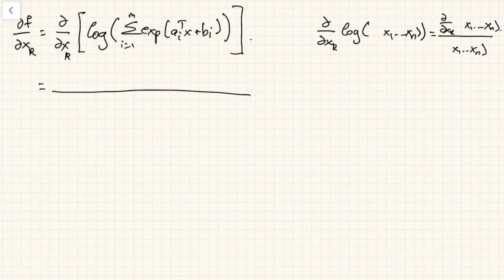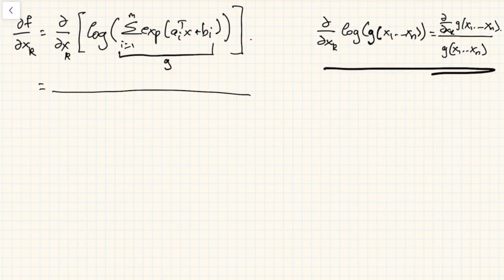and call it g instead, just because f is reserved for the log sum of exponentials, so I don't want to define two f's. My g right here is the sum of exponentials, right? So this is my g, and so applying this right here, we get my g in the denominator first of all, so it's the sum of exponentials as such, right?